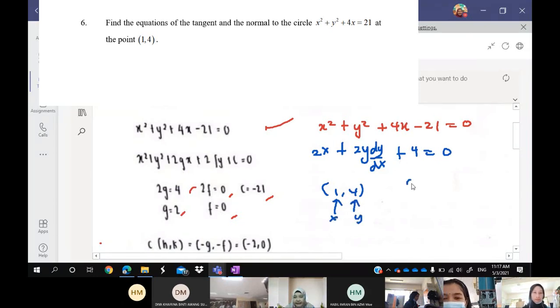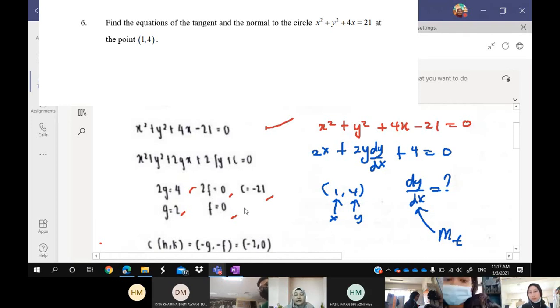Substitute, then we get dy/dx equal to something. dy/dx refers to the gradient for tangent. From the gradient of the tangent and the point, we find the equation of the tangent, followed by the equation for the normal. So this is a different method.